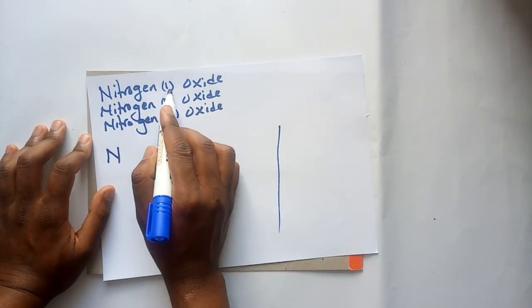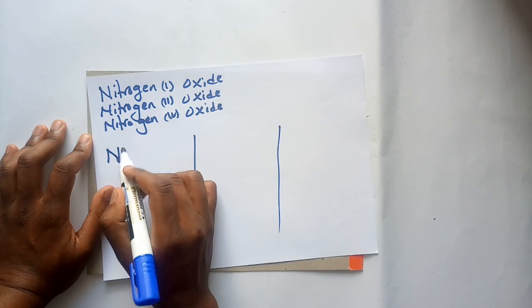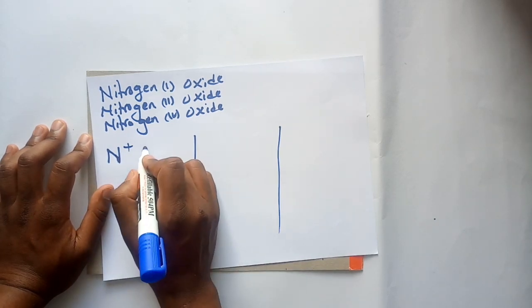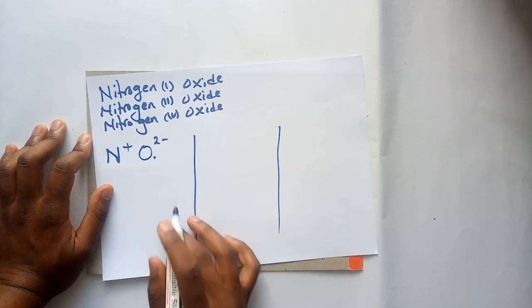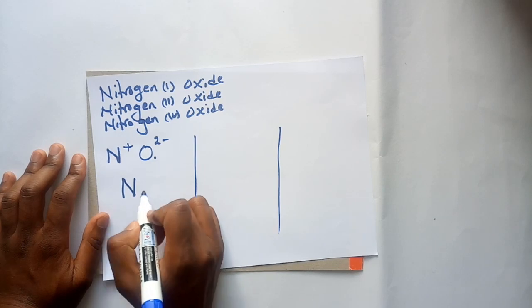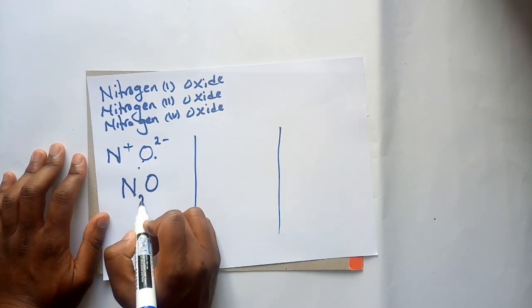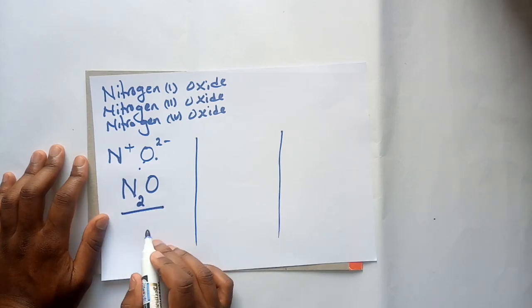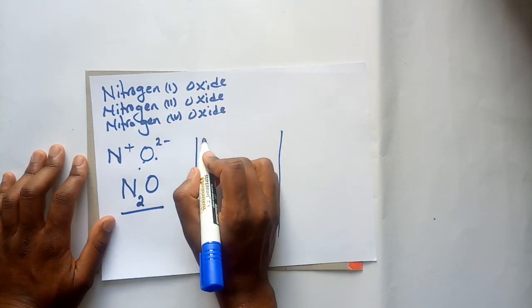Remember this number is the valence of the cation, and as far as it is on this side, it means that it has a positive charge. Then oxygen, then of course you exchange. As we said, you bring this 2 here and this one is 1. We don't write 1, so that is N2O, nitrogen 1 oxide.